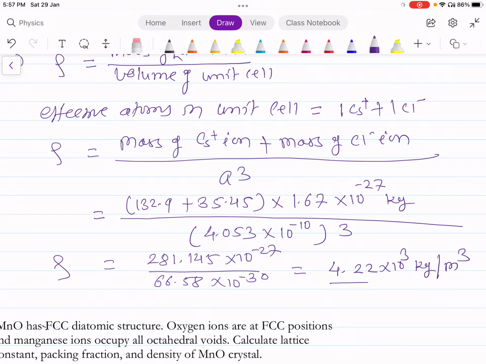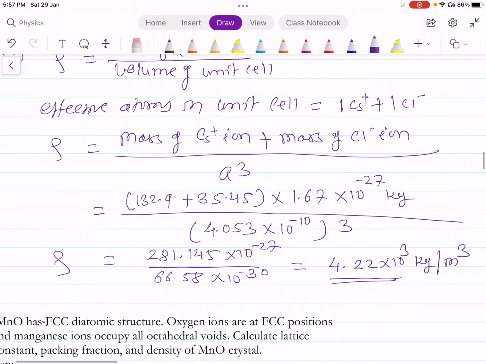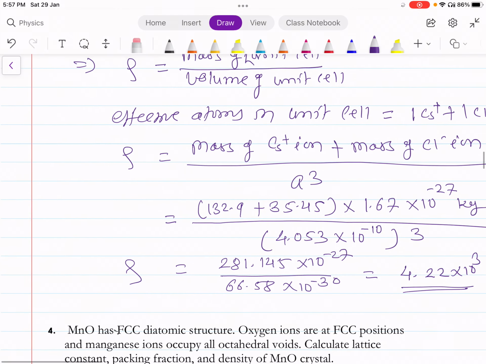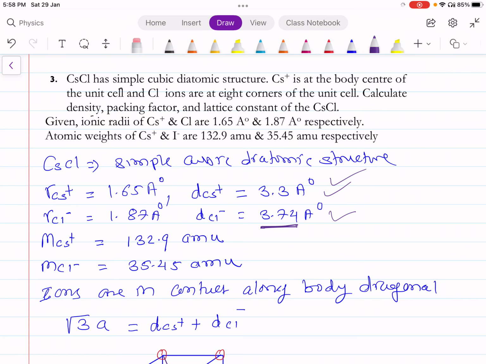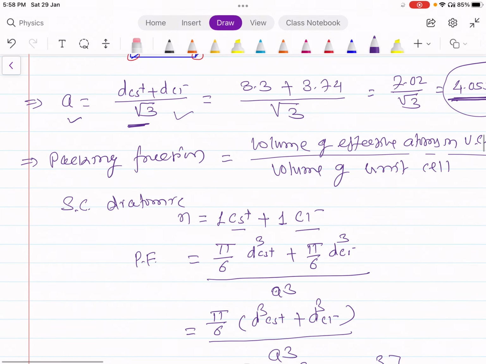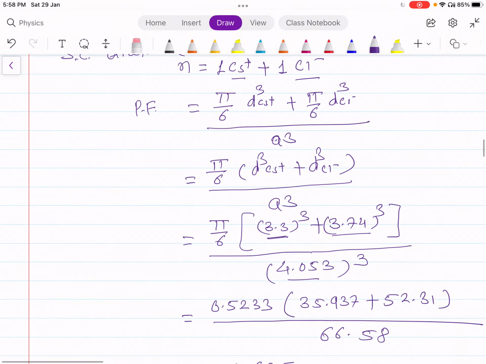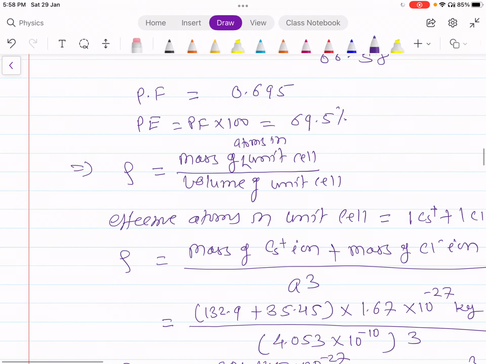So density is this. This is the problem based on simple cubic diatomic. There could be other problems also, like rubidium chloride or cesium iodide, or some other materials having simple cubic diatomic structure. For all of them, you have to use the same method to find lattice constant, packing fraction, and the density.